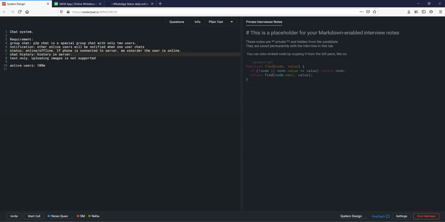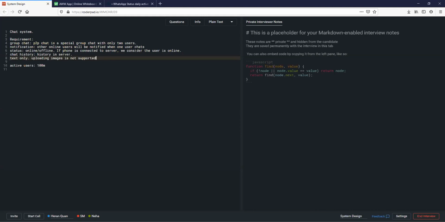There could be some special settings, like the user is connected to the network but may not want to show as online. That's another thing. There are some details we don't want to discuss here.